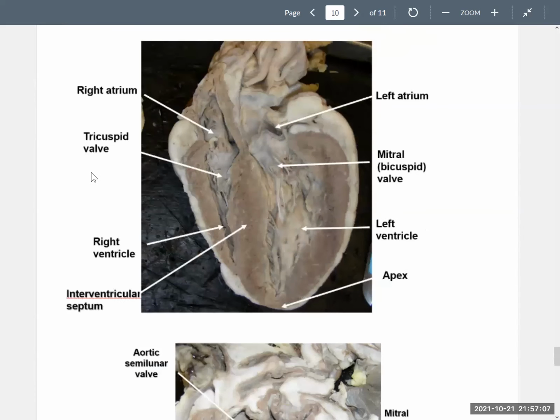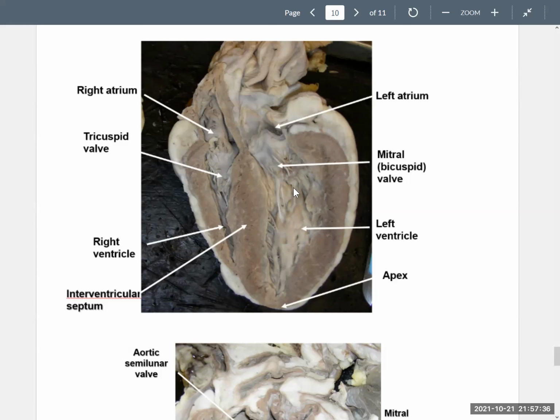On this part, the left side is over here because it's larger, much larger. It has a papillary muscle in here in the left ventricle. There's going to be at least 2 papillary muscles because they attach to the bicuspid valve or mitral valve by way of the chordae tendineae.